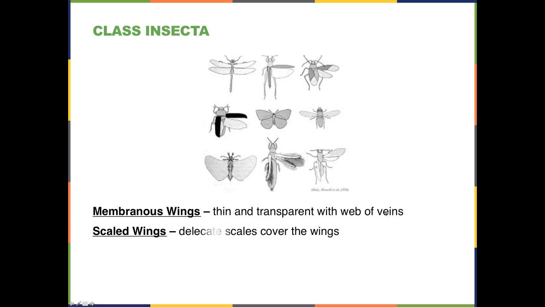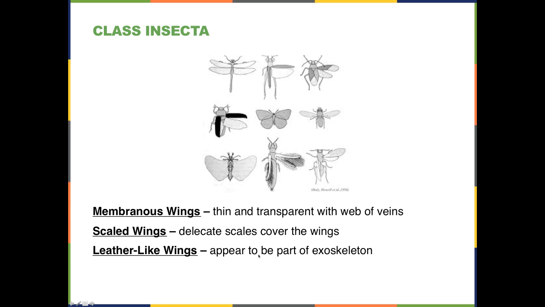Another type of wing is called the scaled wing. A scaled wing has delicate scales that cover the wing. This is commonly seen in insects such as butterflies, and if you squeeze or rub the scales, they will flake off onto your fingers.